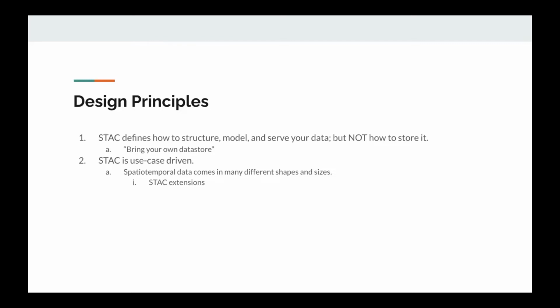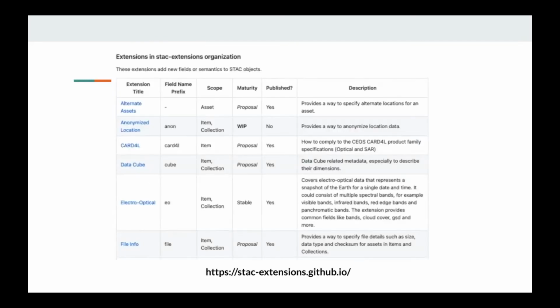And the way we've approached solving that is building around STAC extensions. There's a number of STAC extensions that Matt brought up in the STAC extensions GitHub IO. There's so many I couldn't fit them on the slide, so there's just like 5 or 6 here. And these are community extensions that let you basically customize the way you are modeling your data based on what domain and what use case you're doing.